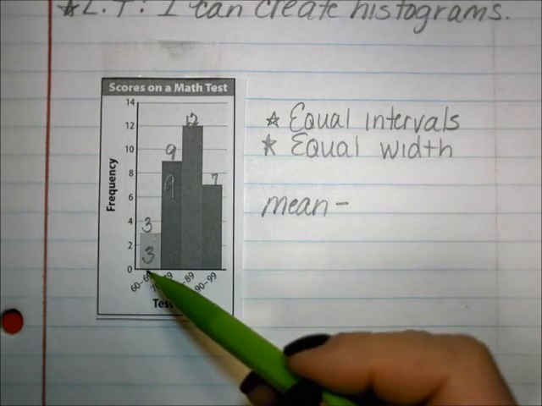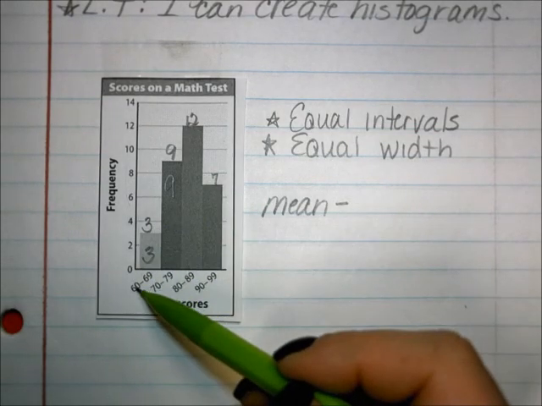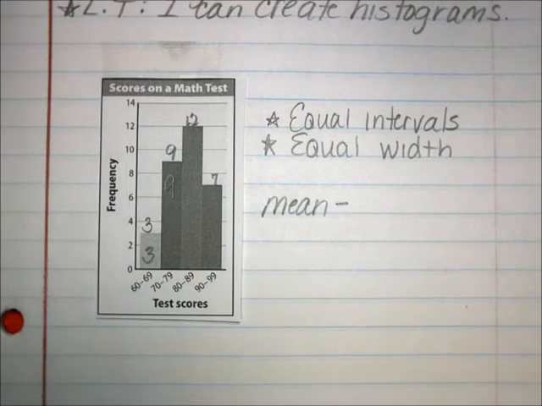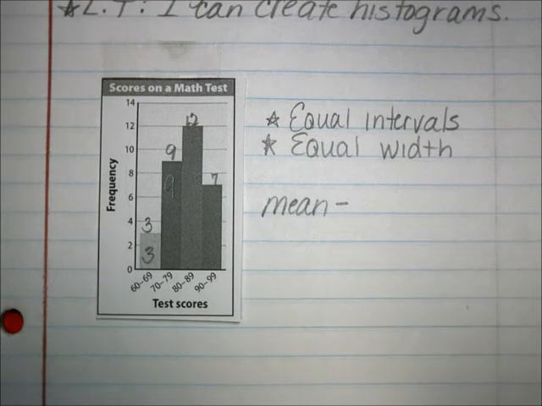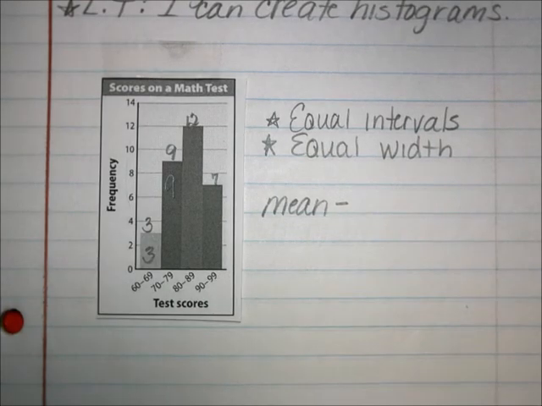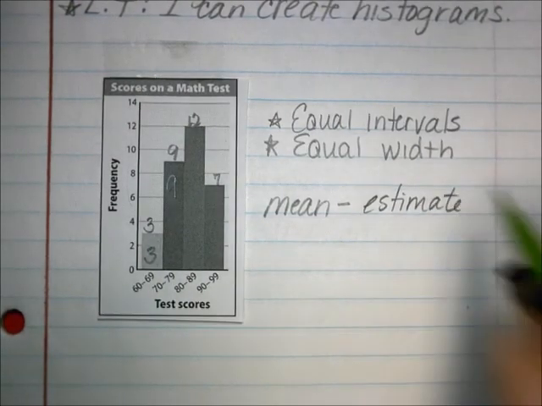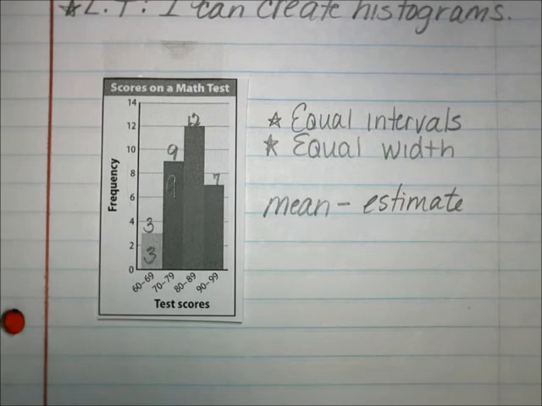Now the issue is that we know that 3 people scored between 60 and 69. We just don't know what those exact scores are. So because we don't have exact scores, finding an exact mean is not going to be possible. We could come up with an estimate, but we wouldn't be able to get the exact score.